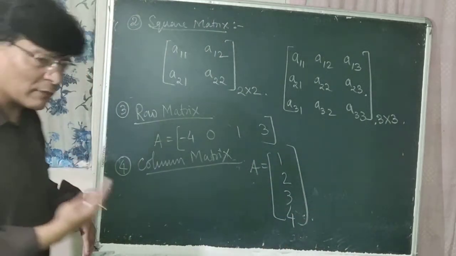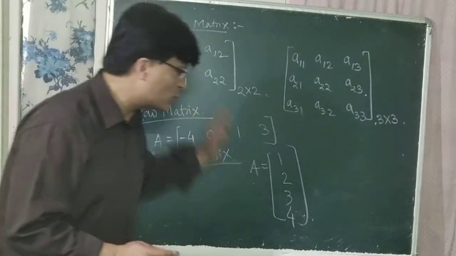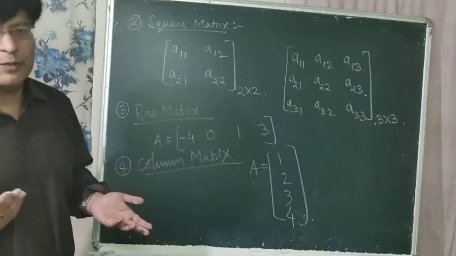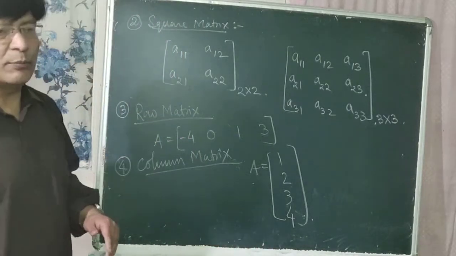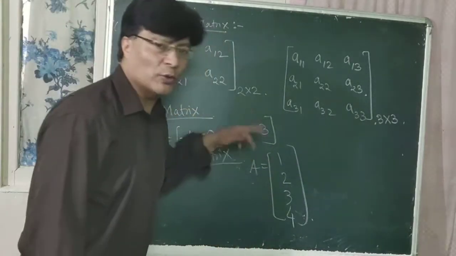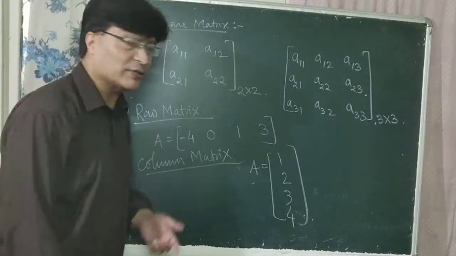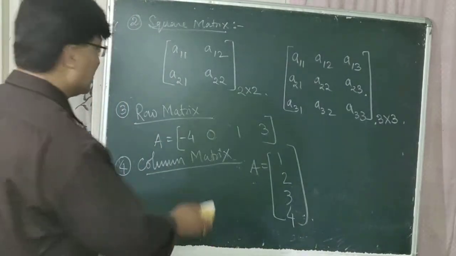The number of rows may be 2, 3, 4, 5, 6 and so on, right? But the number of columns should be 1. So if in a matrix the number of columns is 1, then that matrix is known as a column matrix. Is that clear now?